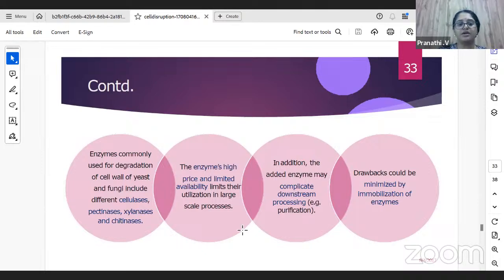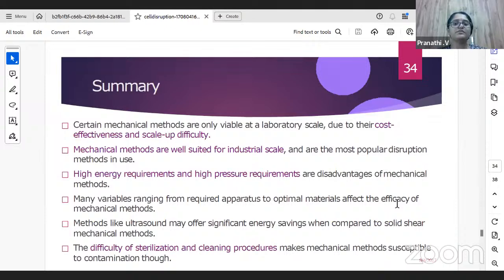So in a large scale process, it's difficult to do that. Not impossible, but difficult, and at the same time, a very expensive affair. And the added enzyme can also complicate the downstream processing, that is your purification. Again, you need to do more purification. And then, if at all, you can use the immobilized enzyme so that you can get a purified product as such.